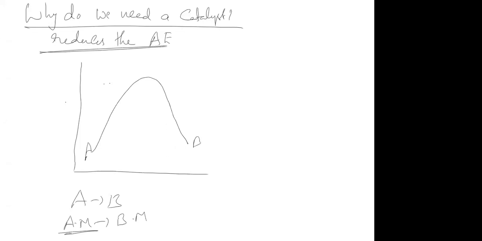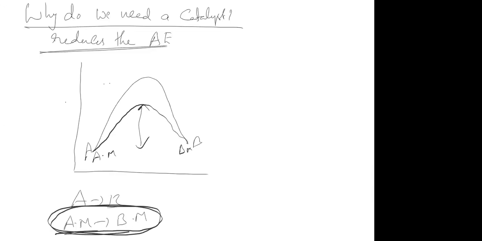A gives B is the uncatalyzed path, whereas A·M going to B·M is the reduction in activation energy. This A·M sitting on the surface becomes a different molecule. That is how it reduces the activation energy.